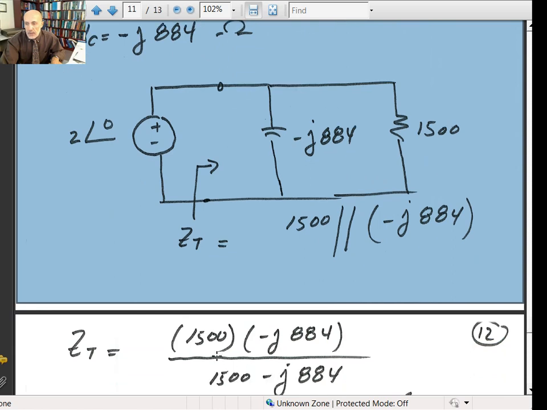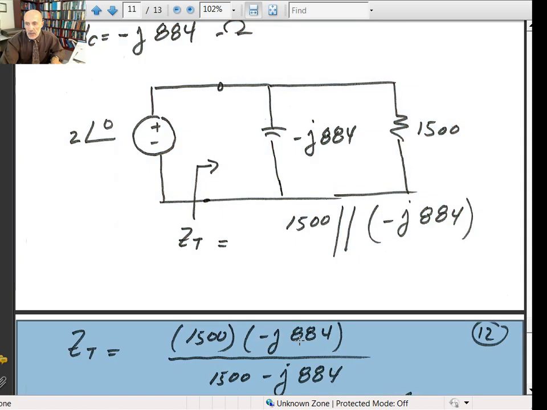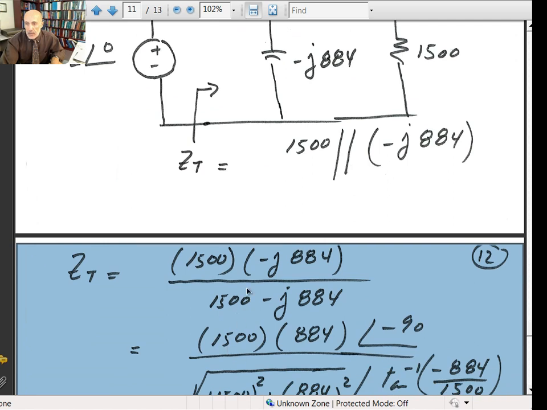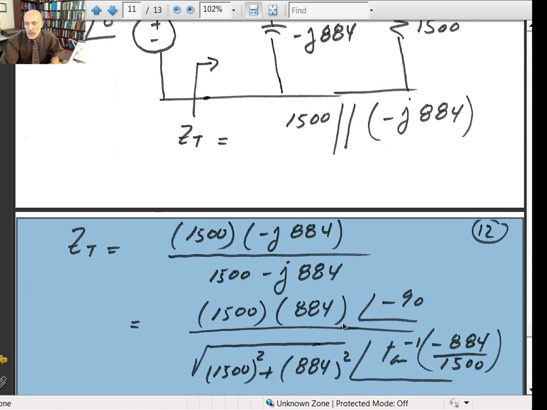so the two are connected in parallel, the product over the sum: 1500 times minus j 884 divided by 1500 minus j 884. Minus j is minus 90 degrees, then the magnitude would be 1500 times 884. Convert the denominator from rectangular to polar: 1500 squared plus 884 squared, square root of it, at the angle tangent inverse of minus 884 divided by 1500.